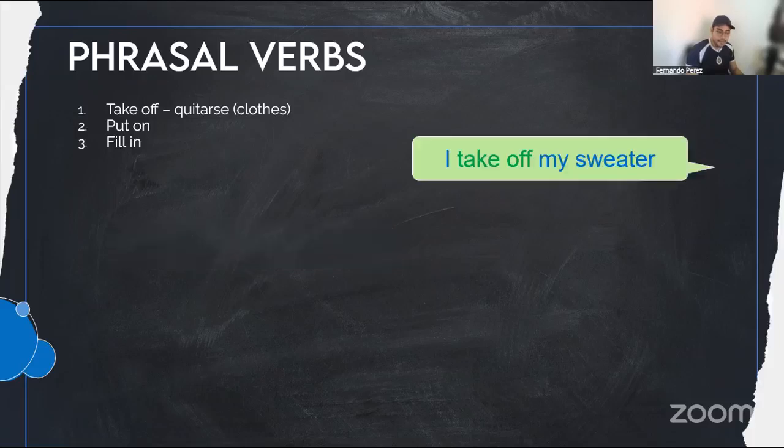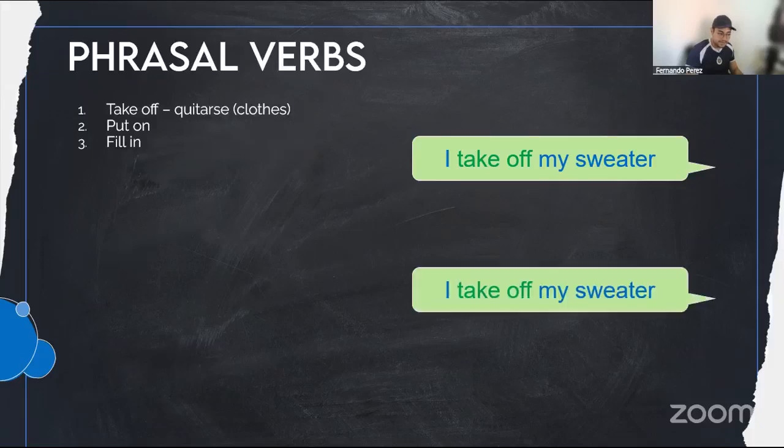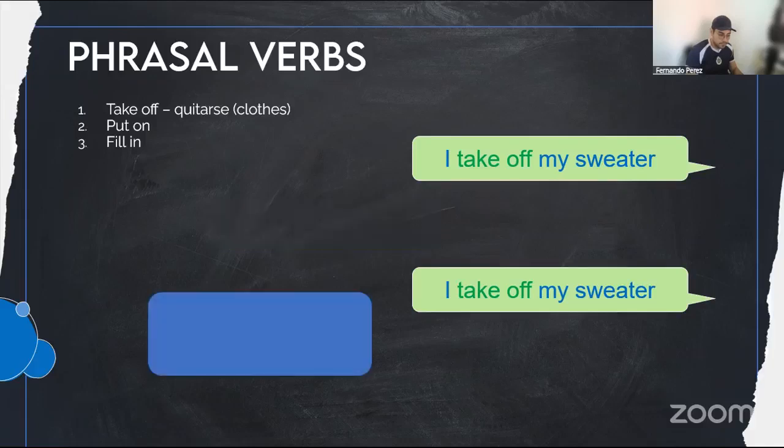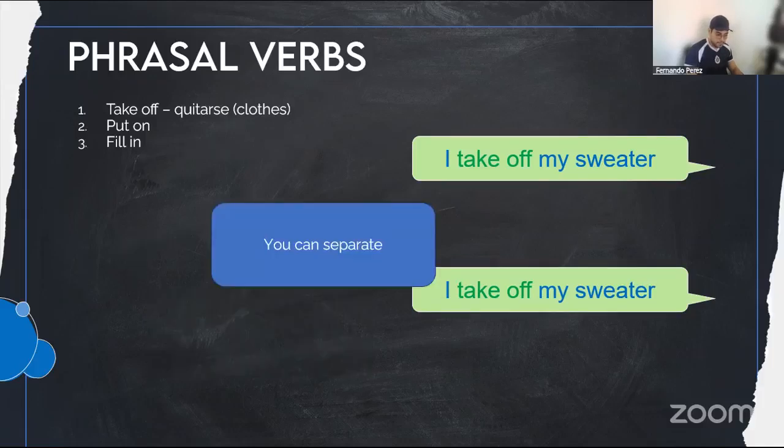But the interesting part about phrasal verbs is this. You can separate phrasal verbs with the secondary person.